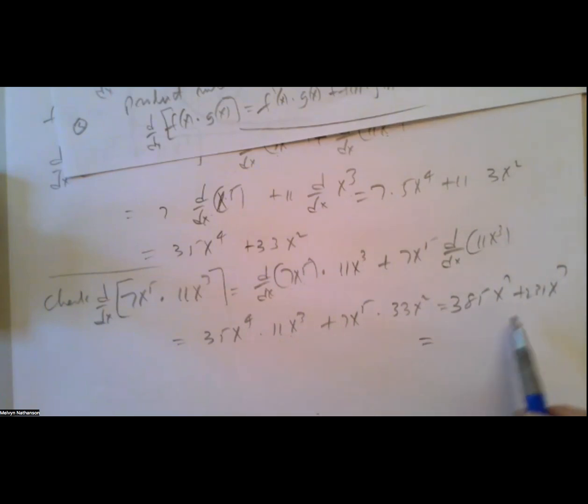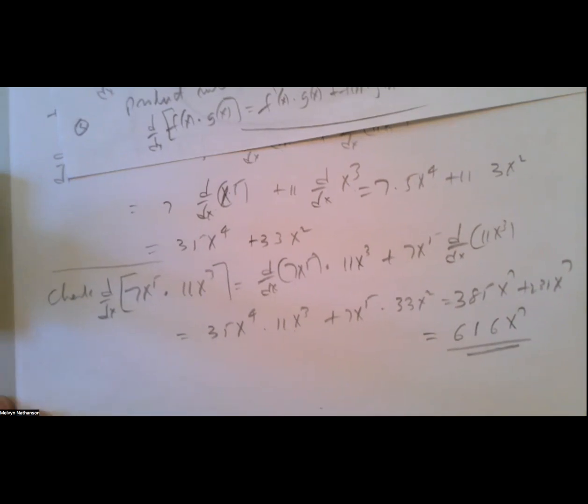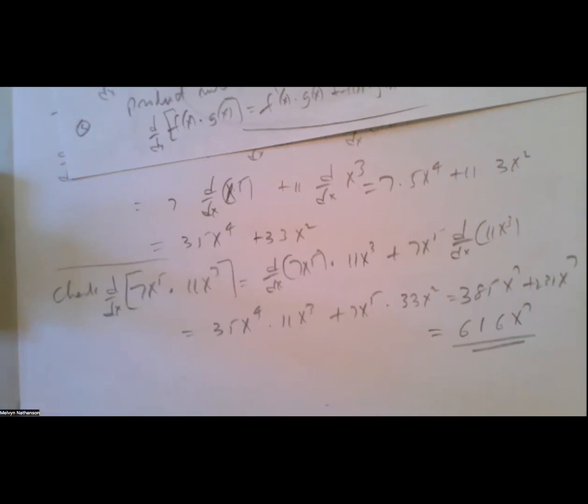This is equal to, if you add them, x to the 7th times what? 6, 8, and 3 is 11, 616 x to the 7th. That's what it is. Okay. If my arithmetic is correct, no reason to believe it is, but hope it is.